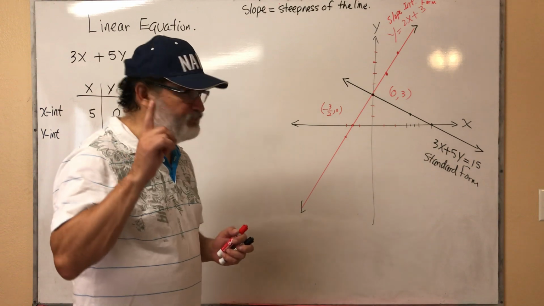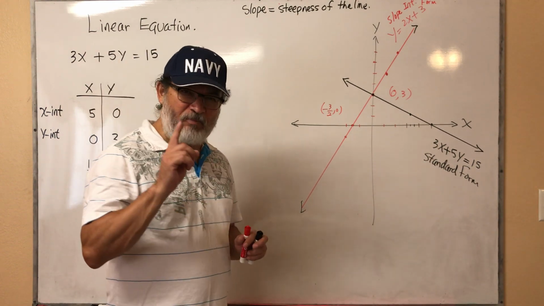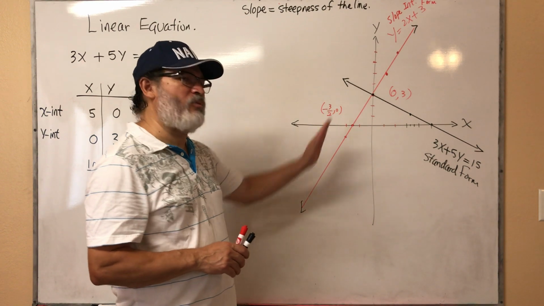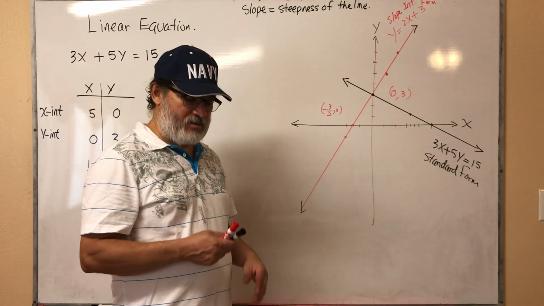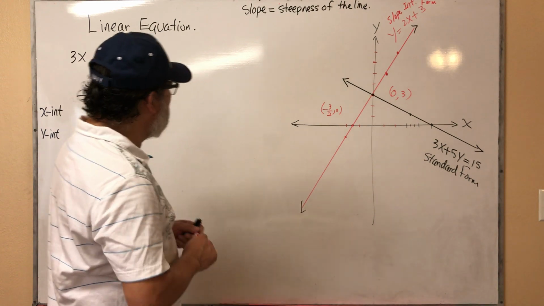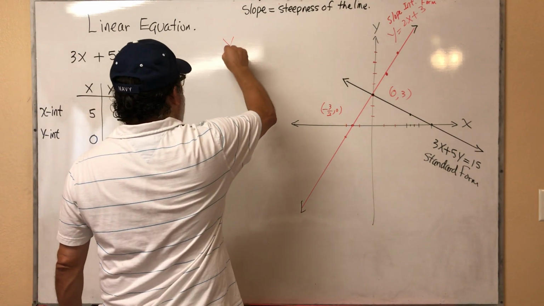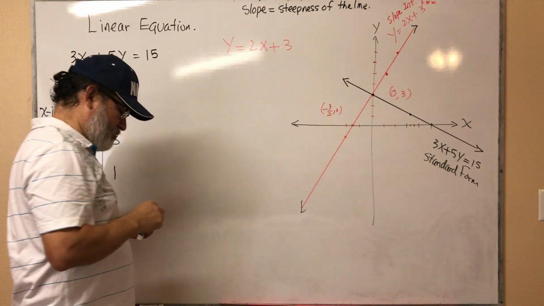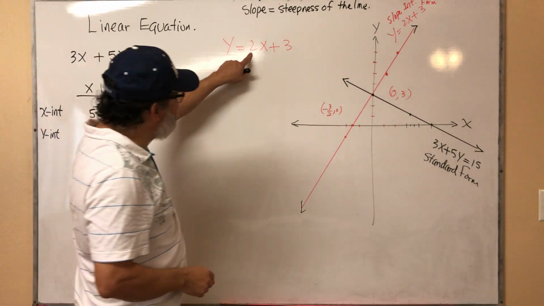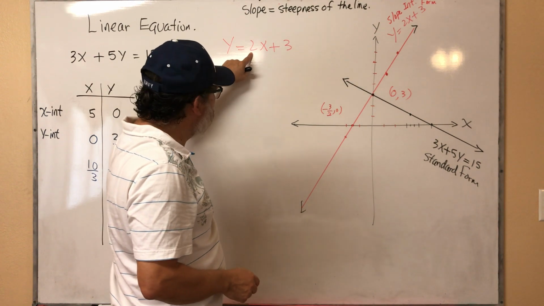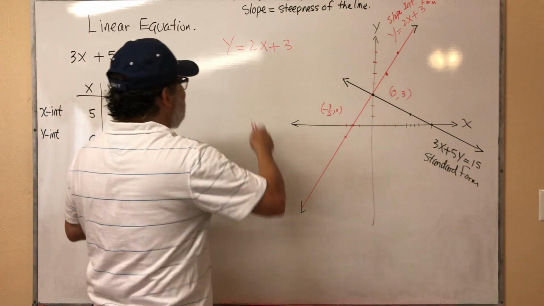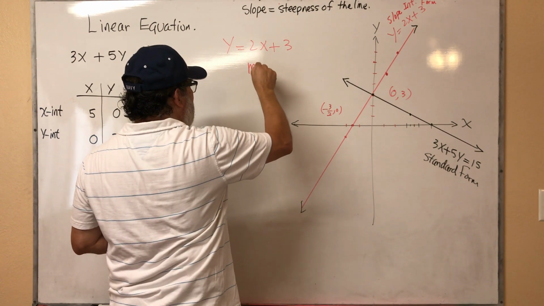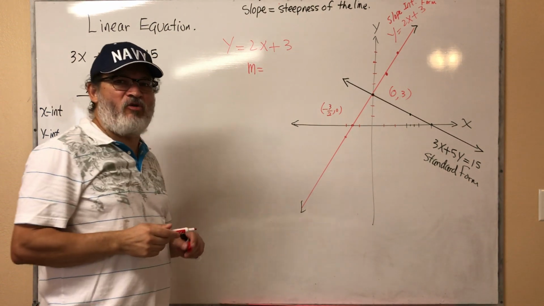Watch this. Pay close attention now. Look at the red line. The red line is y equals 2x plus 3. This here is the slope. This is the letter we use for the slope.